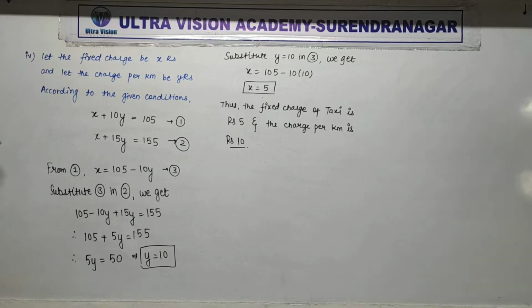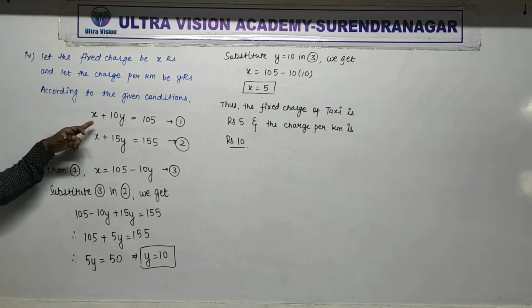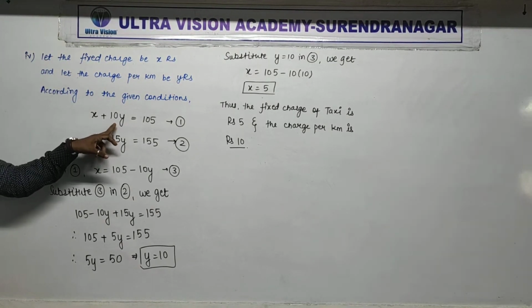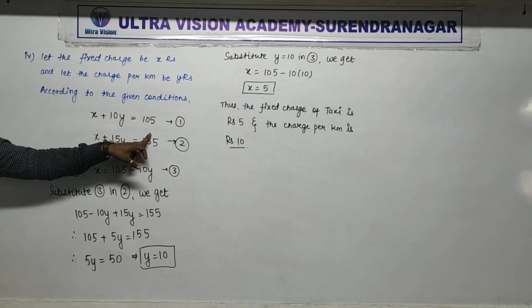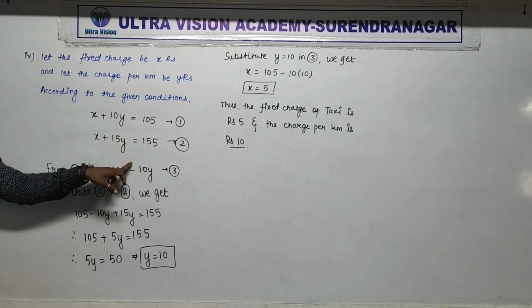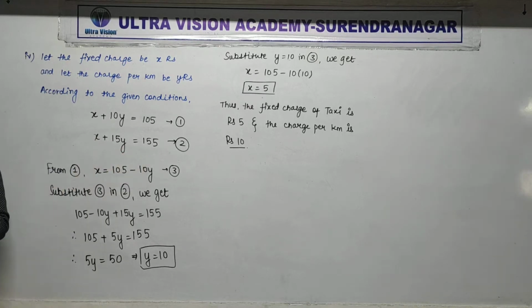Ready? You can check it. 5 plus 10 into 10, 100, 100 plus 5 is 105. 15 into 10 is 150, plus 5 is 155. So that is the first part of this question.